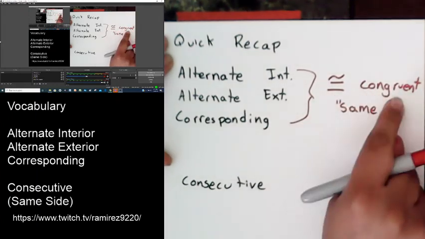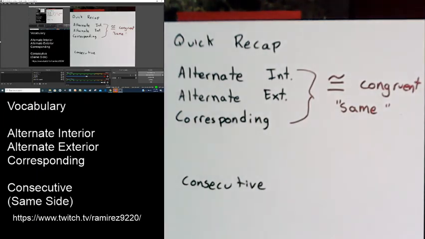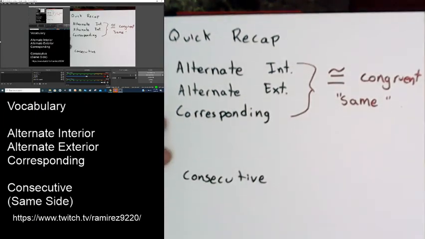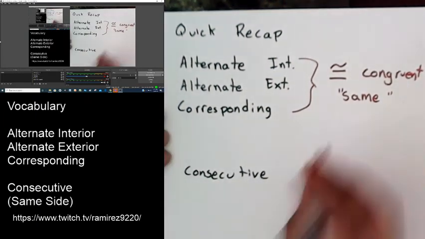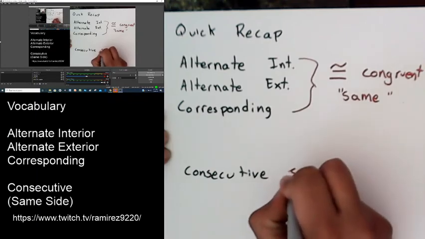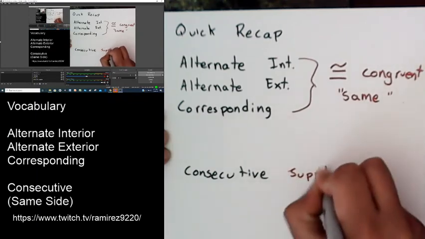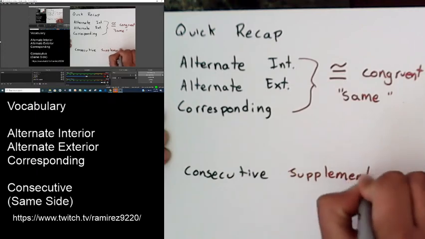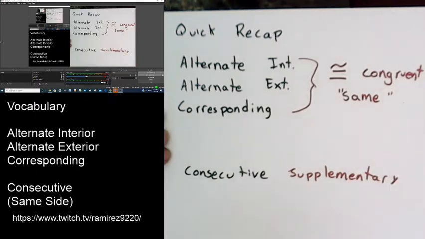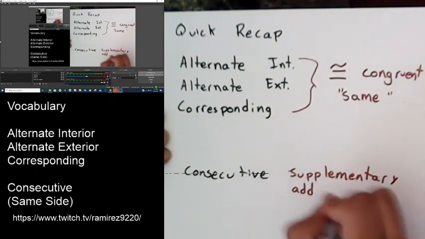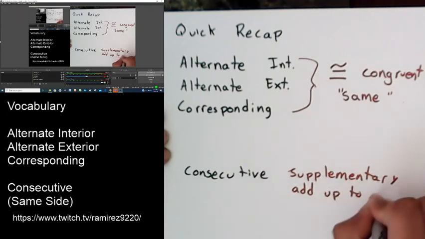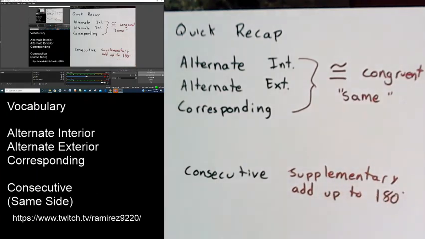But the word is congruent. Whereas consecutive angles, these were supplementary. They're not the same, they're not congruent, they are supplementary, which means that they add up to 180 degrees.